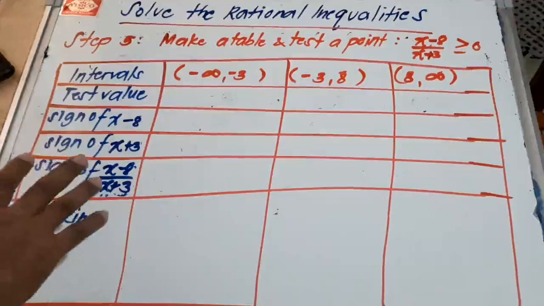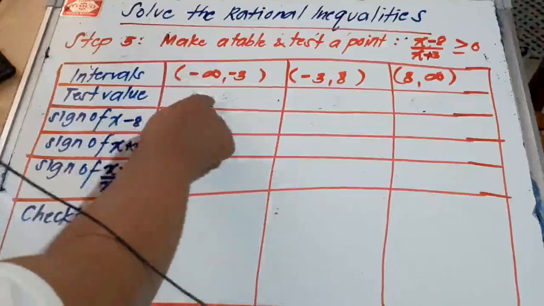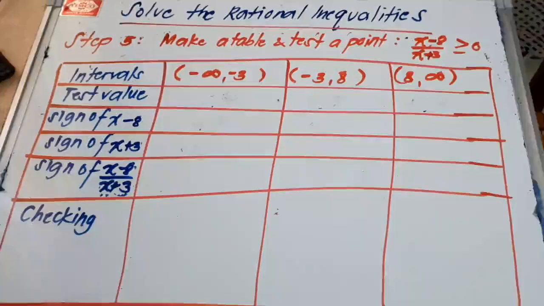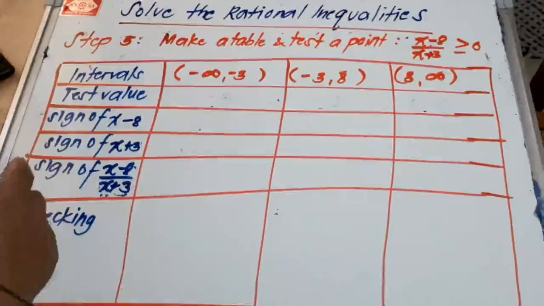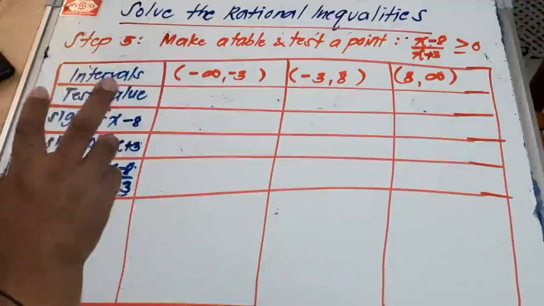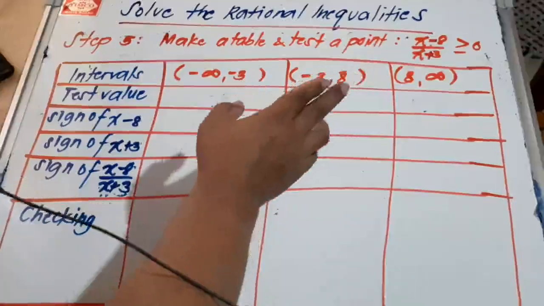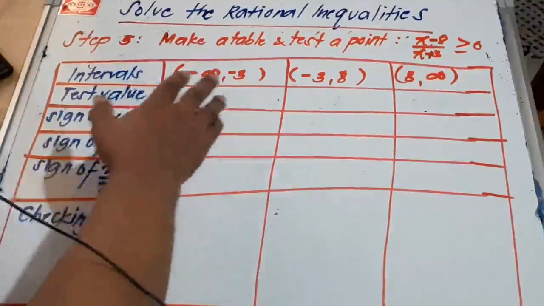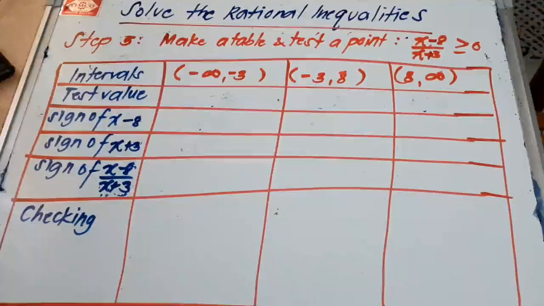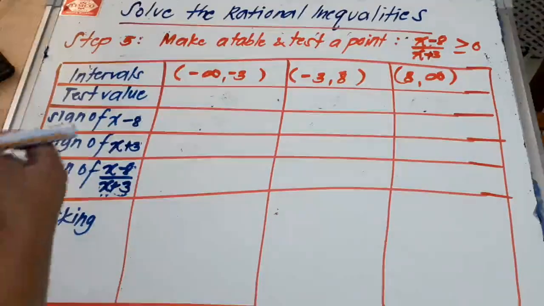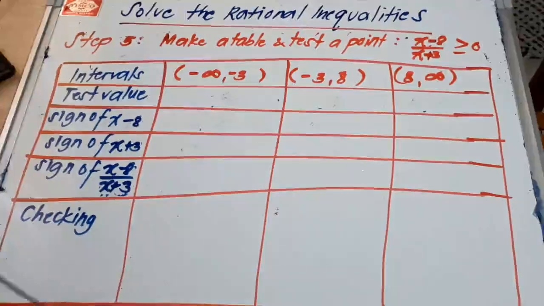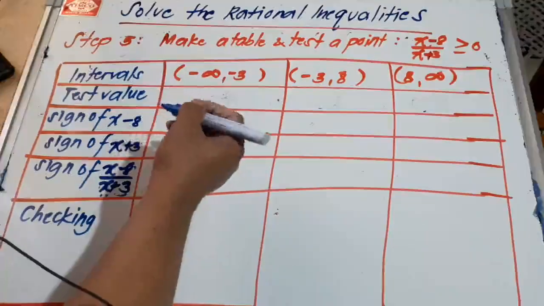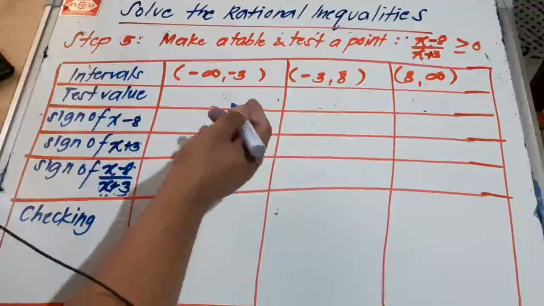So what we're going to do, we're going to test these intervals na nagawa natin kanina sa step number 4 kung magiging true yung ating inequality by assigning a value to x that belongs to these intervals. Okay, now, ano yung mga i-assign nating value? Dito sa interval na to, negative infinity to negative 3, we can assign any value basta't kasama sa kanya.